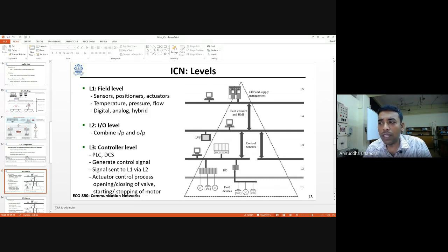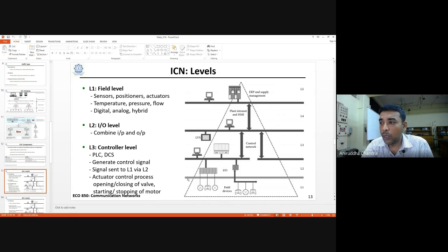We have the L1 layer at the lowest field level, where you can see the valves, the pumps, the actuators, and so on. So there are the sensors, the positioners, and actuators at the lowest level of the pyramid, and they can measure different things like temperature, pressure, and flow. The data that they produce can be digital, analog, or hybrid, depending on the type of sensor that we are implementing.